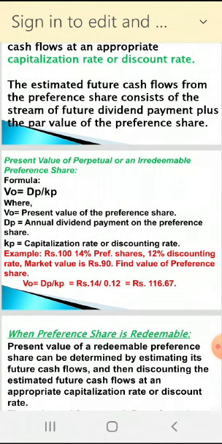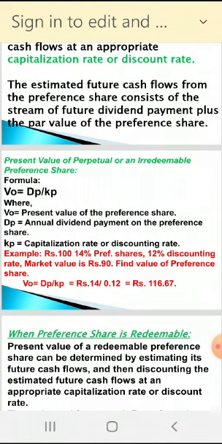Why is it 116.67? Because the dividend rate is more than the required rate of return. That is why you find the value of the preference share to be more than face value. This is the simple formula you have to apply for irredeemable, or the second name, perpetual.